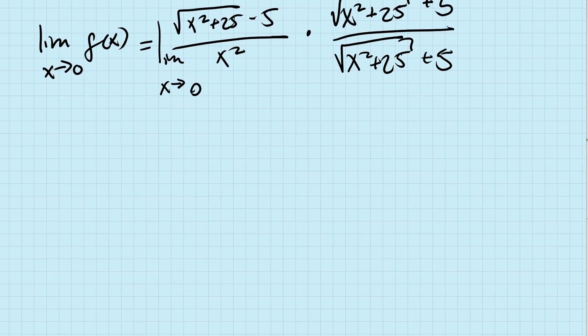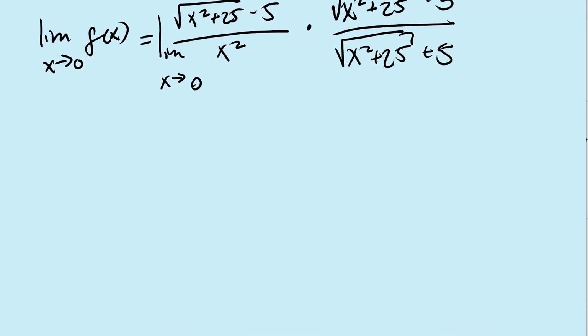Okay, so what do we do now? Well, the whole point was to multiply this a minus b by this a plus b, right? So when we do this, we're going to get the limit when x goes to 0. And our top part is just going to be x squared plus 25 minus 25.